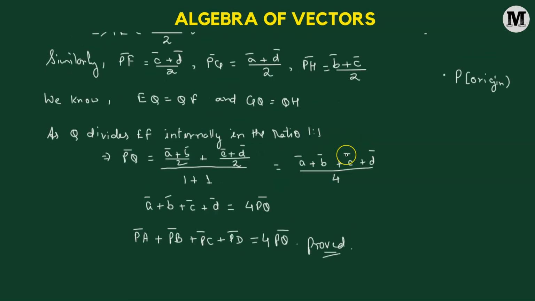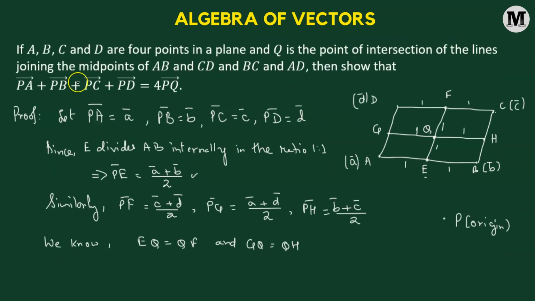So we have successfully verified that if A, B, C, D are 4 points in a plane and Q is the point of intersection of the lines joining the midpoints of the sides AB, CD and AD, BC, then it's true that PA vector plus PB vector plus PC vector plus PD vector equals 4 PQ vector.